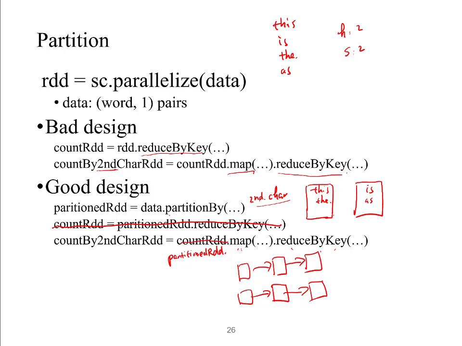Because we have already put all the words with the same second character in one partition, there would be no data transferred across different partitions, and hence it improves the efficiency of the MapReduce task.